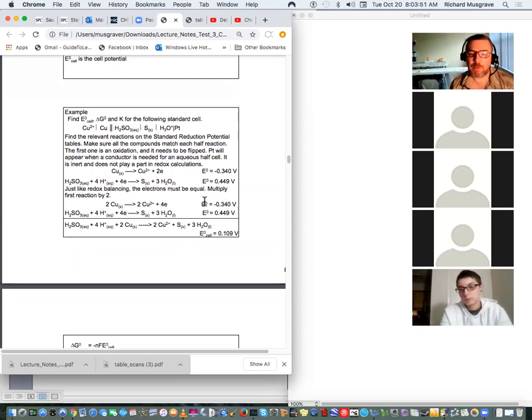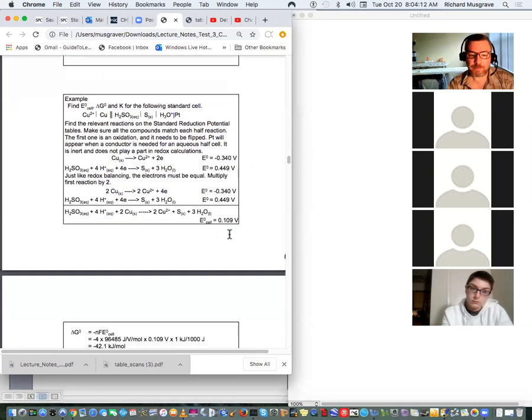So multiplying by 2 has no effect on the electrode potential. We do need to do it though, so we can ascertain what this value is with the number of electrons being transferred. So after that, we've got our E naught values, which we add together, that we come out with an E naught cell of 0.109 volts.